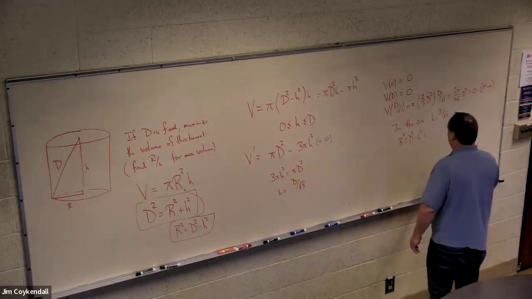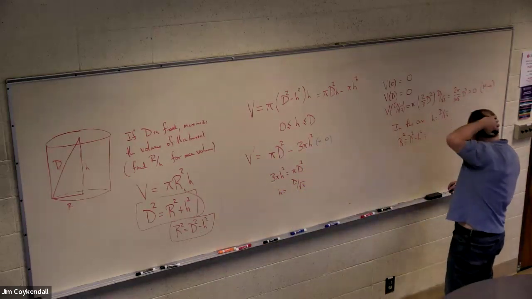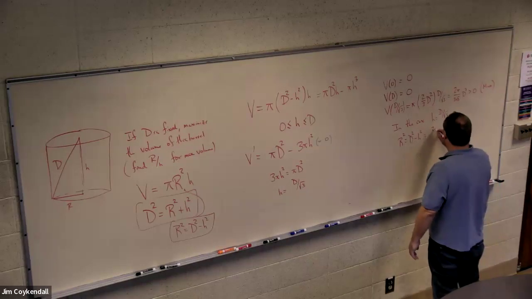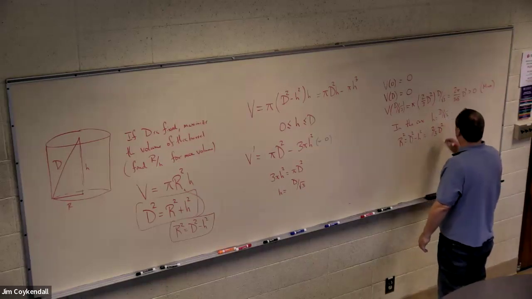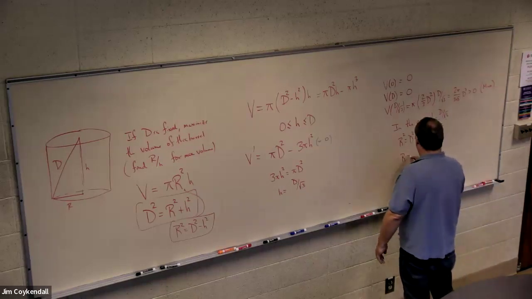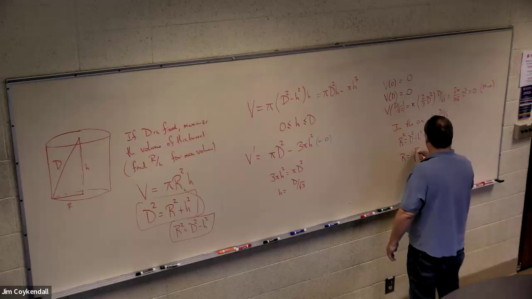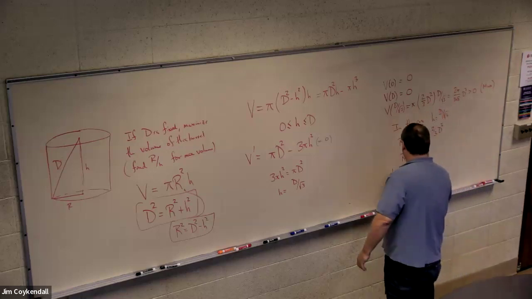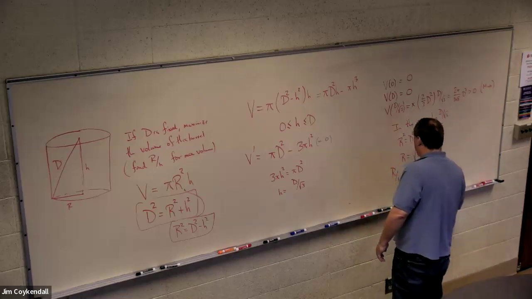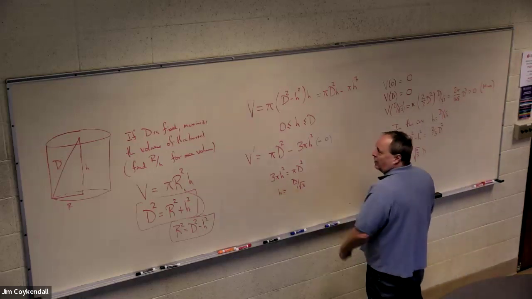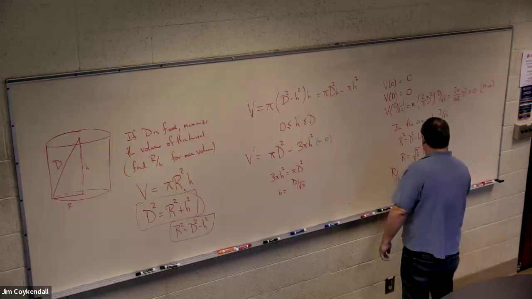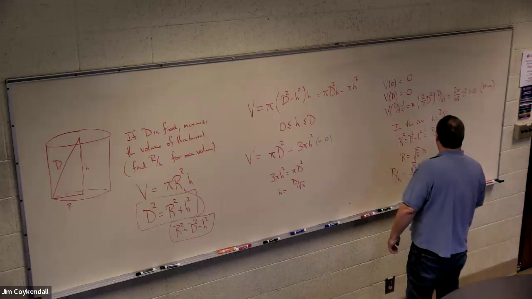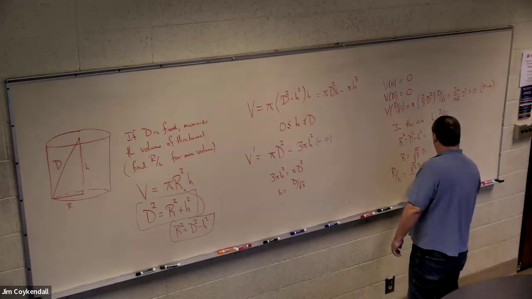I get R squared is D squared minus a third D squared, which is 2/3 D squared. So R is the square root of 2/3 D. So R over H, which is what we're being asked for, is radical 2/3 D over D over radical 3.